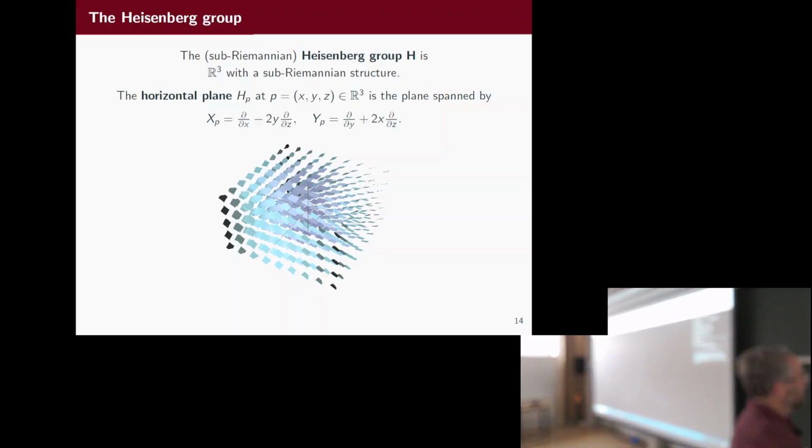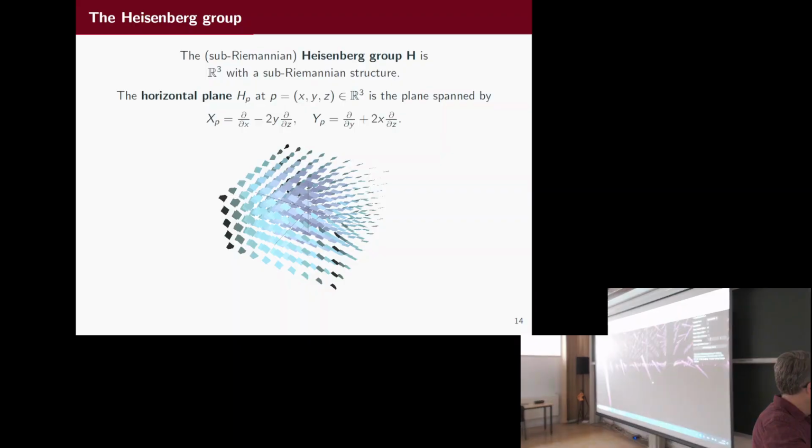Here is the vector field X that I was describing. They're like little cone arrow thingies. There's that vector field X. If I'm walking along the X direction, it's always pointing in the X direction. But as I move away from the X-axis, this starts to tilt in the Y direction.